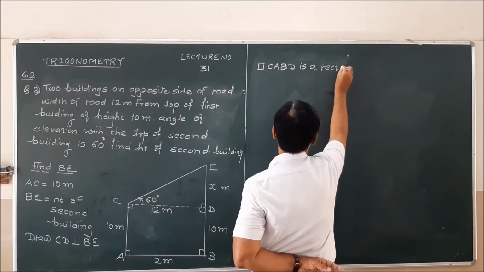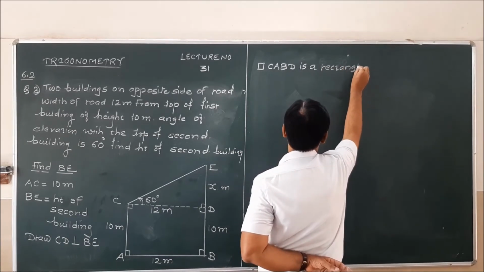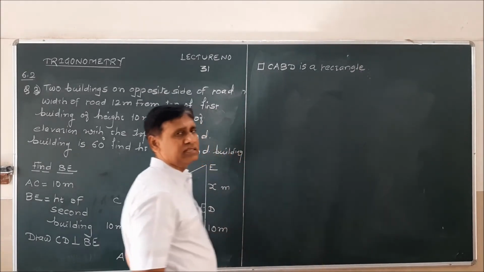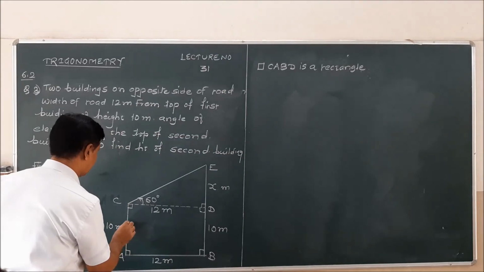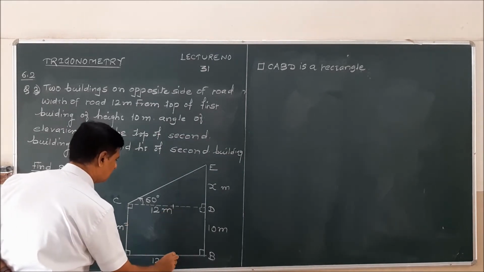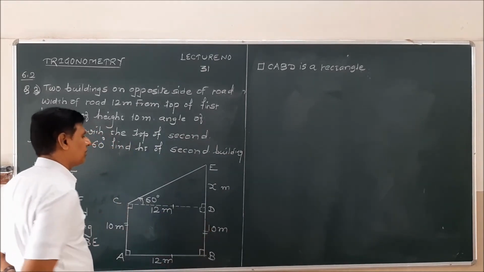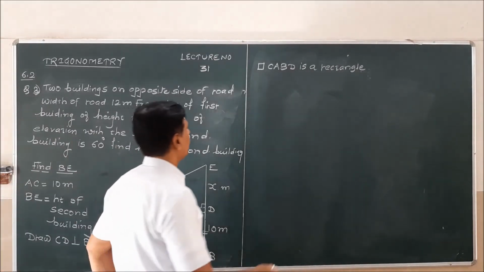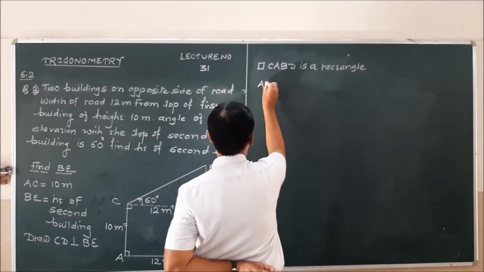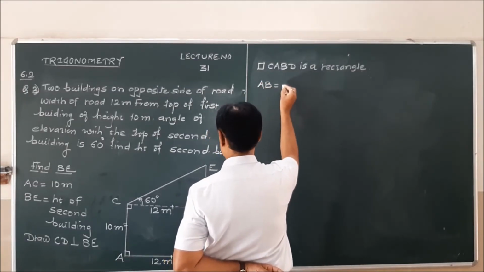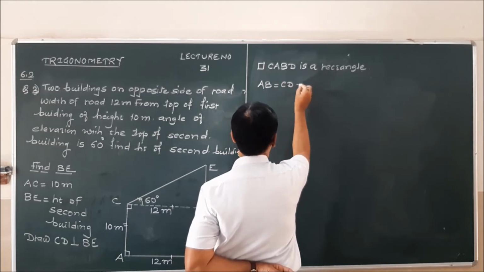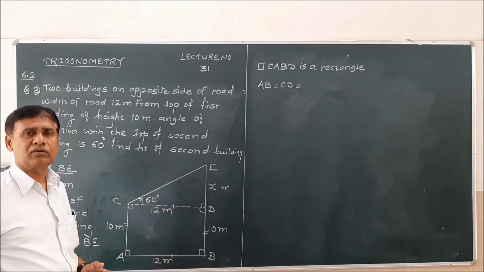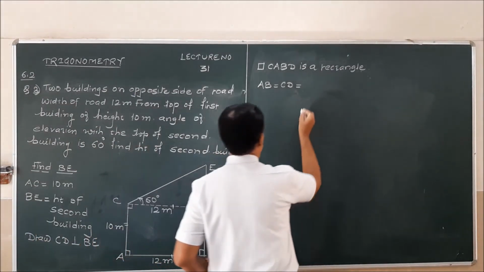CABD is a rectangle, because you will notice all angles are 90 degrees. So this becomes a rectangle. Then you will get AB is equal to CD, which is 12 meters.